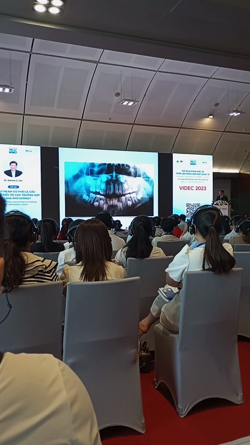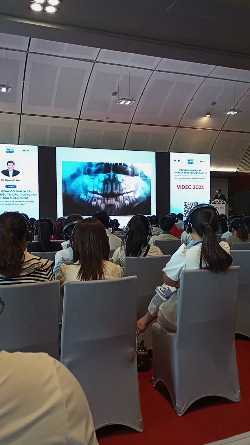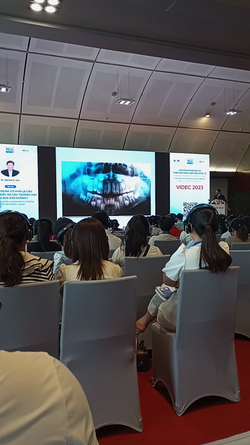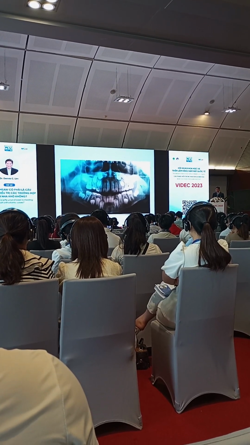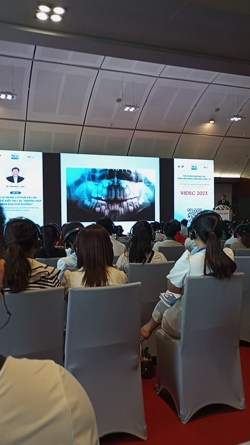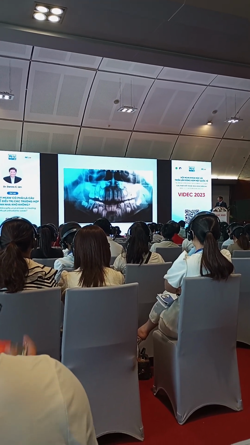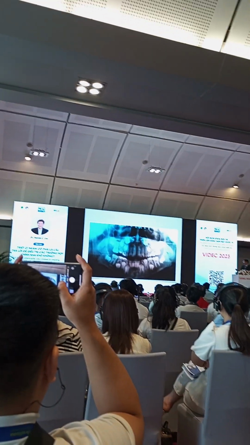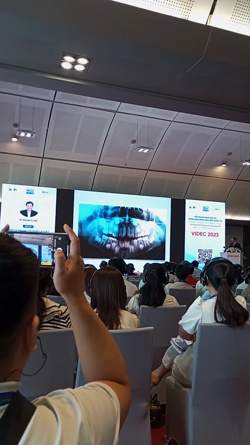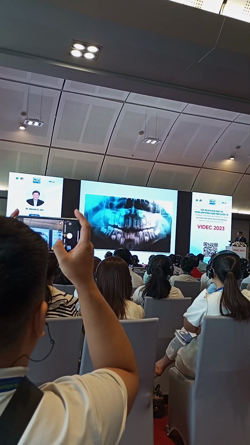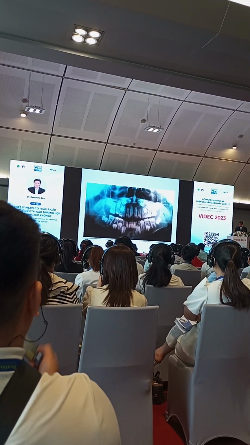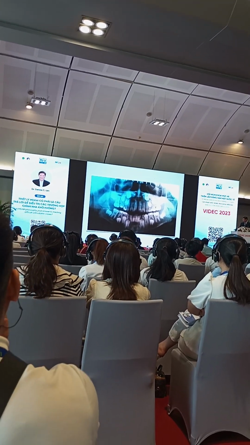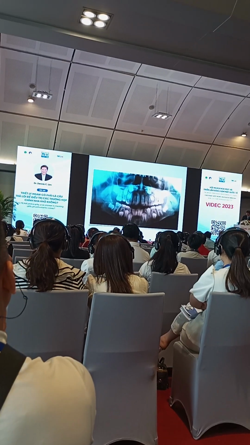If you look at the canine and the first premolar, it almost gives us a warning as to where that particular canine will go in the future. But we are still hoping that the canine will go into the position where it should be.